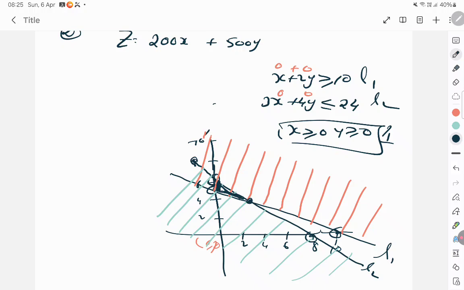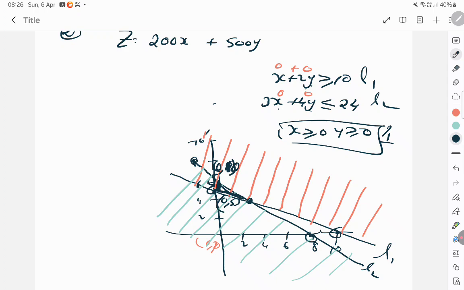What are the corner points? This point is 0, 6, is it? When y is 0, x is 8. And y is 0, x is 10 is this point, and this point is 0, 5.